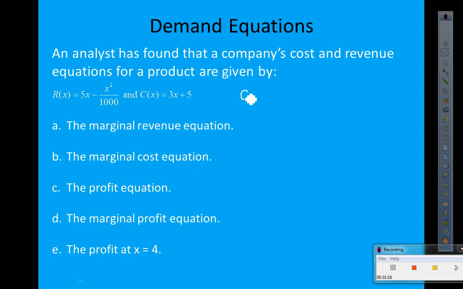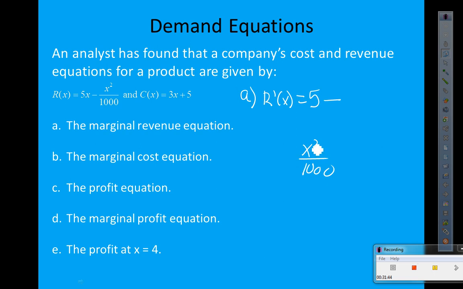Well, on A, guys, to find the marginal revenue, I need to find the derivative of the revenue equation. So I'm going to work with it down here because I can erase it here in a second. To find the derivative of that, well, the derivative of 5x is just 5. So I'll take care of that one. And there's a minus sign.